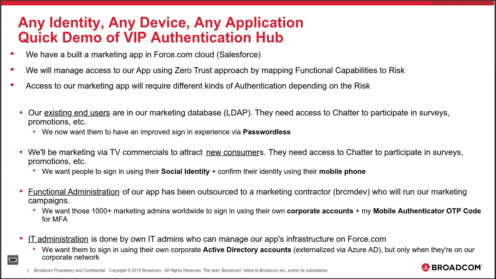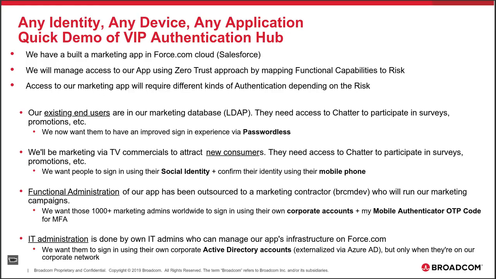But we also need to be running TV commercials, right, to attract new consumers. We want new customers to come in, and we also want them to have access to this marketing platform. We want them in surveys. We want them to talk about our products. We want them to be participating in promotions. But we don't want them going through a complicated registration process. We just run a commercial.